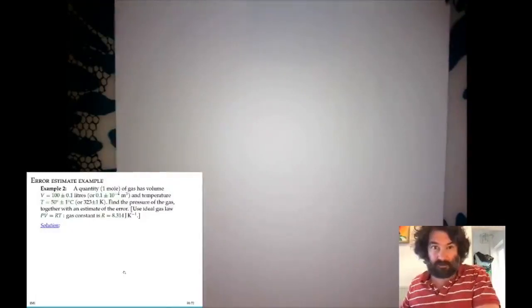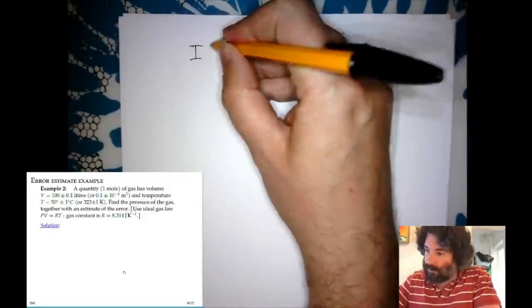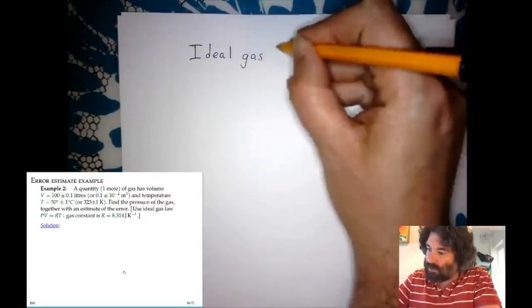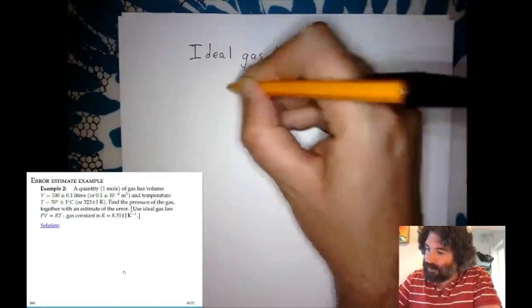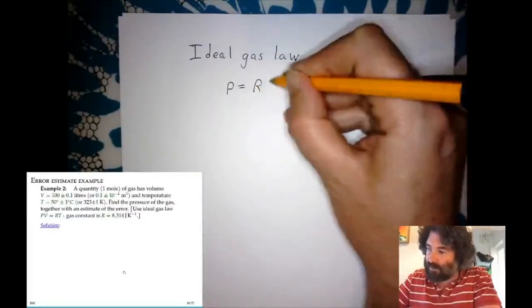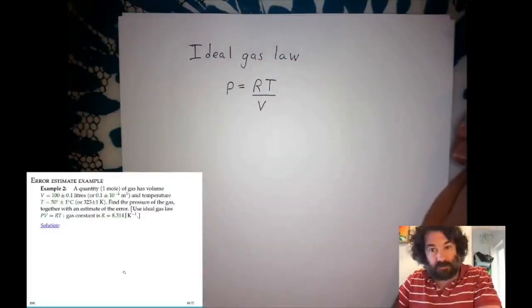And so the formula that relates these things together is the ideal gas law: pressure equals the constant R times the temperature divided by the volume.